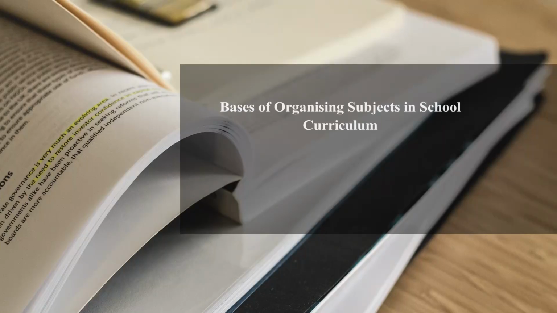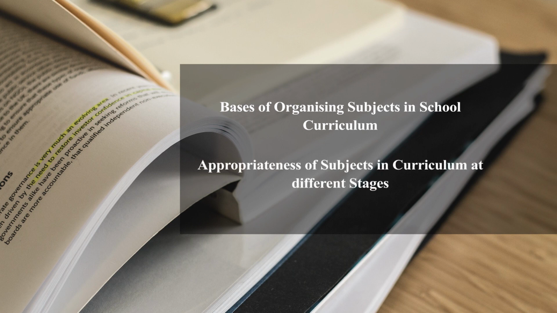As per the design, we have included 2 video programs in the 6th module. The first is basis of organizing subjects in school curriculum, which we have already discussed. In this second video program, we will discuss the appropriateness of subjects in curriculum at different stages of school education.